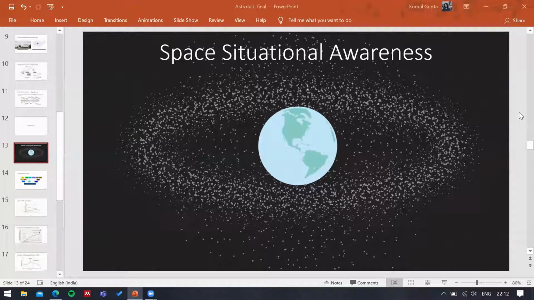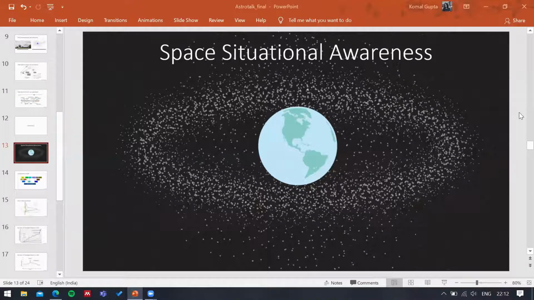Space weather, like I just mentioned, is any weather condition that can affect our assets in space or on the ground. And the third branch is that of near Earth orbit objects, which are natural objects that can potentially cause damage to either the Earth or something that's orbiting the Earth.